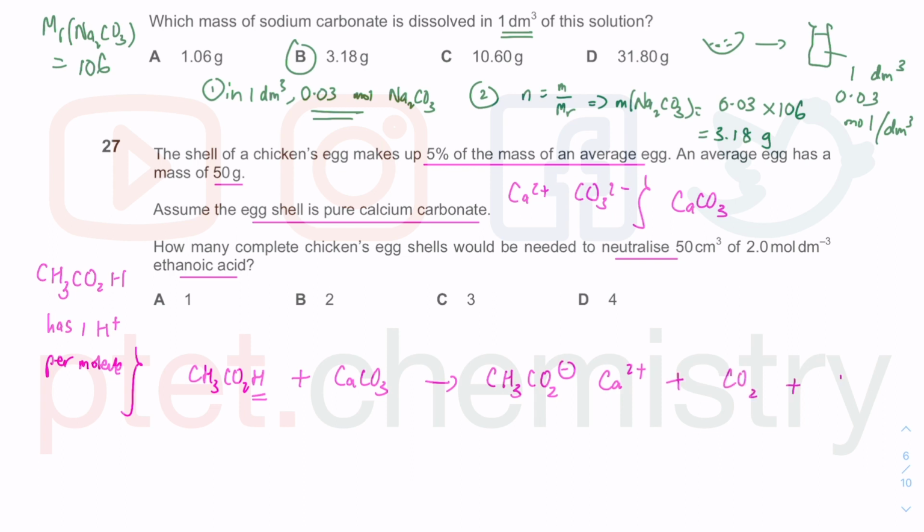But you also get CO2 and H2O. We have a problem here because when you donate the H plus, you get a -1, which means to cancel out the +2, you actually need 2 of that. If you have 2 of these, it means you must have 2 of that acid as well. And CO2 come from here, and you get the H2O, so 2 hydrogens, and 1 oxygen from there. 2 of the oxygen goes to carbon dioxide. This is your balance equation.